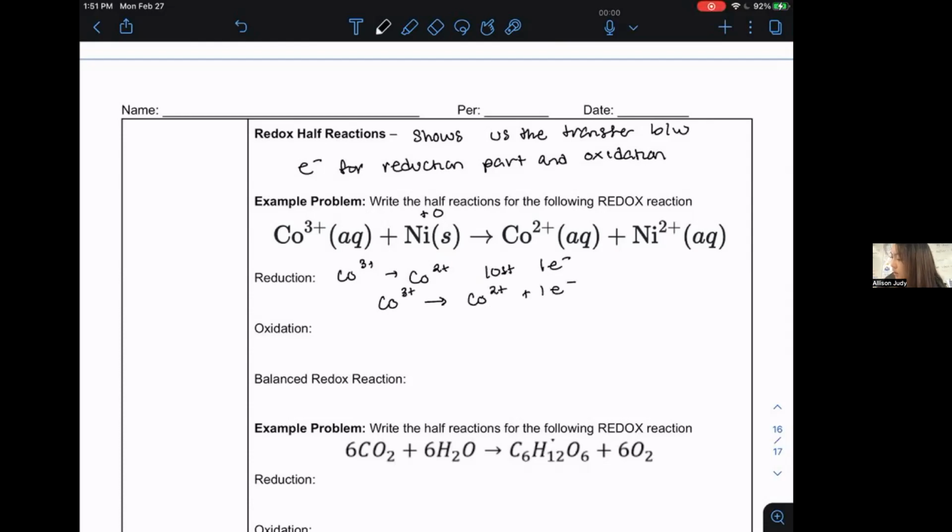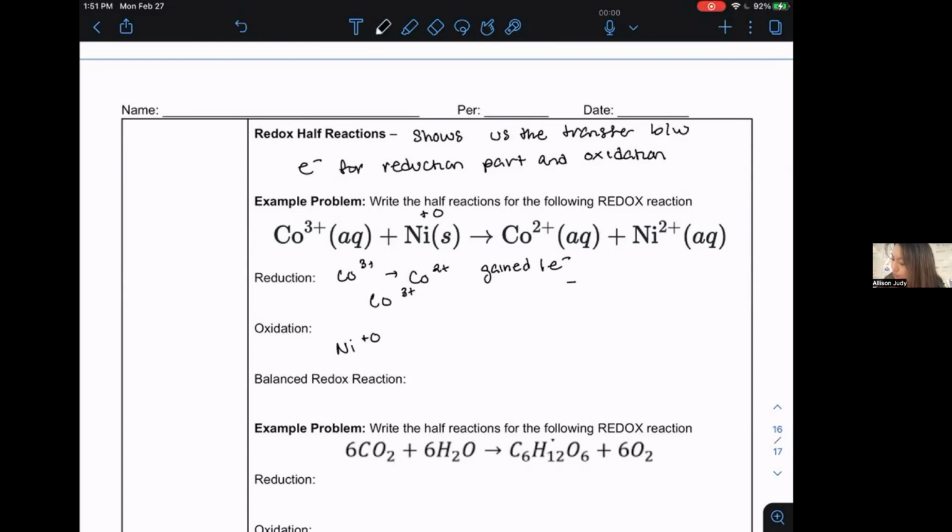Oxidation wise, nickel goes from 0 to 2+. I've lost electrons, so I become more positive. Hang on. Reduction gains an electron: cobalt 3+ plus an electron. Okay, sorry guys, I'm trying to move too fast myself.